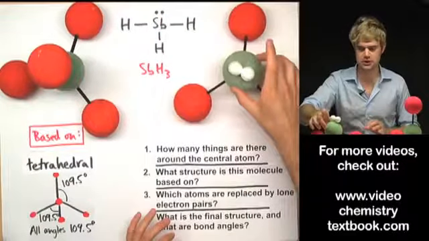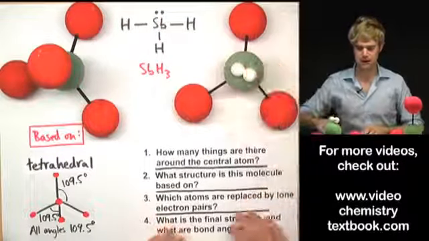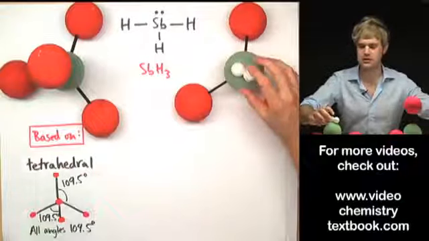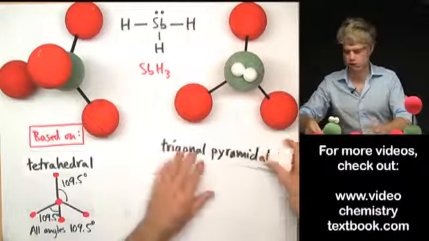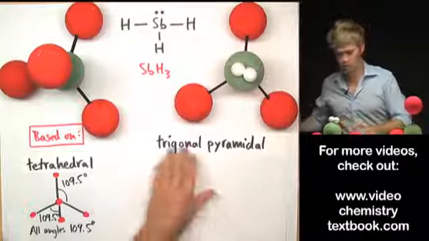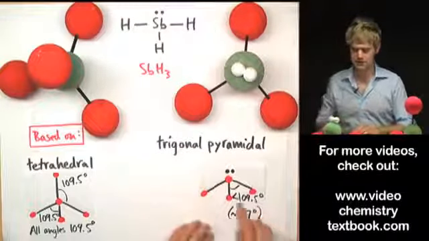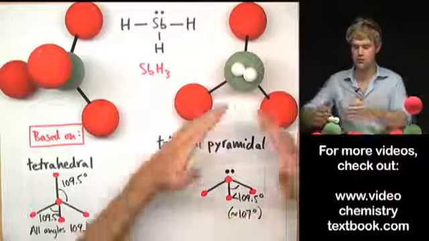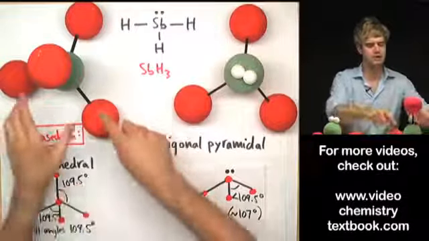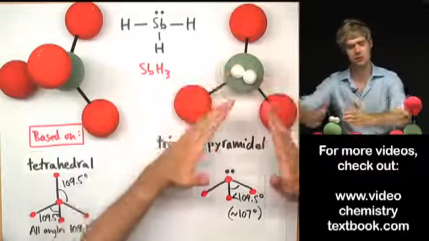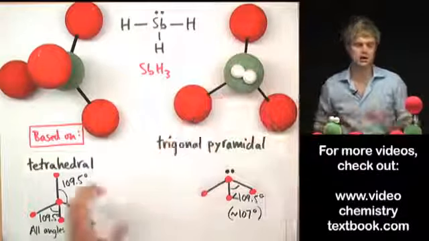So that means that its shape is going to be like this, because this lone electron pair replaces this atom. This is the trigonal pyramidal shape, and it's going to be an angle of 107 between these bonds, a little bit smaller than the 109.5 of the tetrahedral, because this lone electron pair pushes these atoms a little bit harder than an atom would.